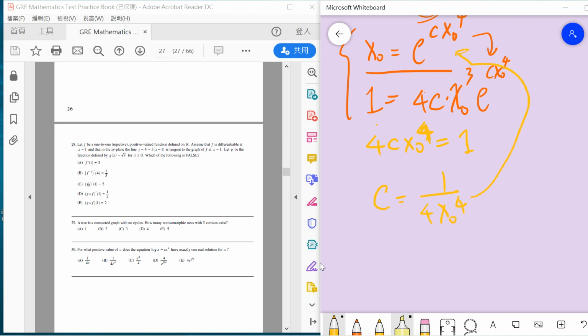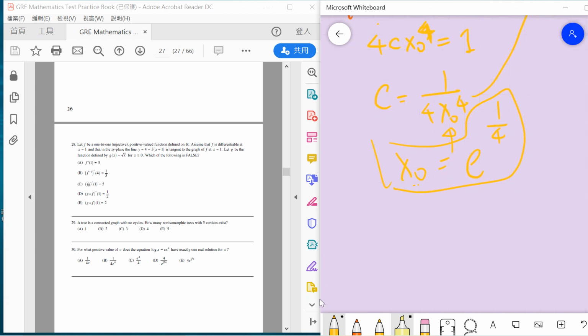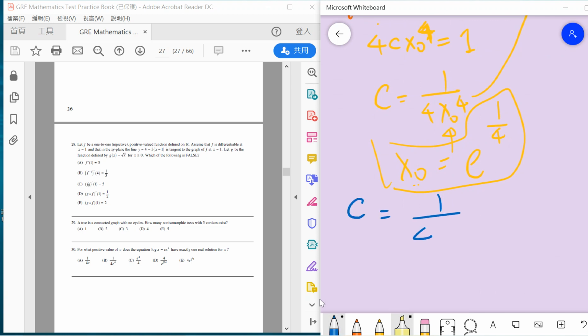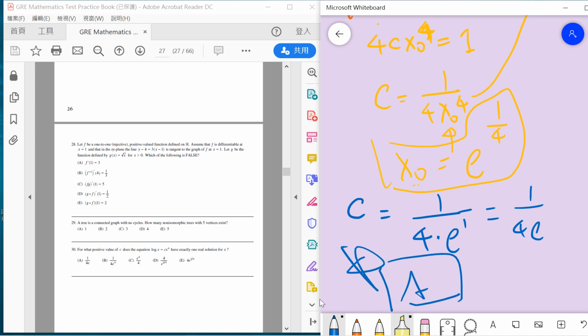So I plug into this one, so I get x0 equals exponential of 1 over 4. So once I solve this x0, I can plug in this and I get c. I get c equals 1 over 4 times e to the e. So the answer is A. Very easy.